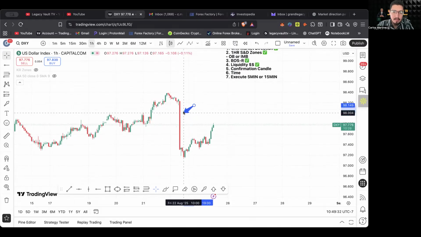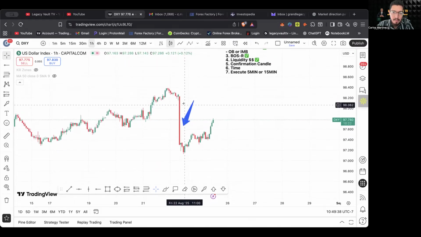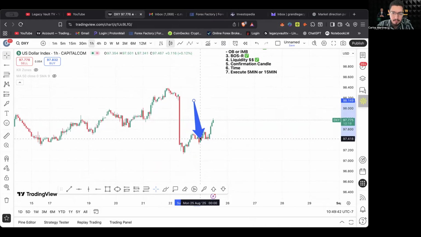This is considered liquidity because we have sell orders that were pending and pushed price down, and now buyers are taking control of the market and stopping people out, taking out the stop losses from these sell orders.